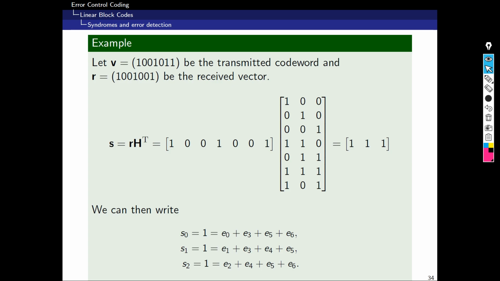But since the receiver does not know V nor E, you just know R. So you need to perform several complex processes in order to detect the error. And from there, you add the error sequence to the received vector R to get the estimated vector V.